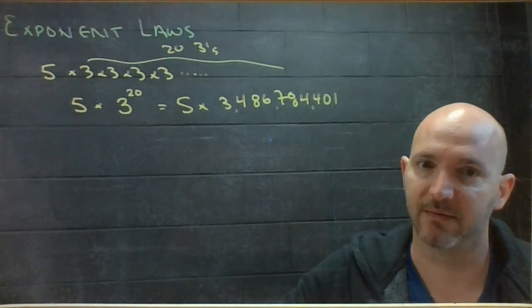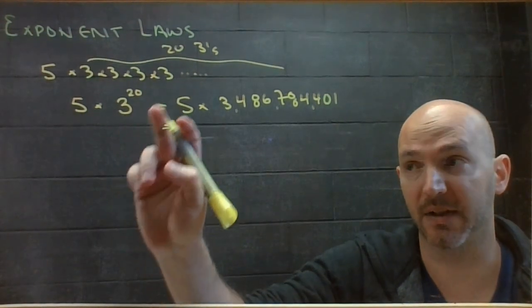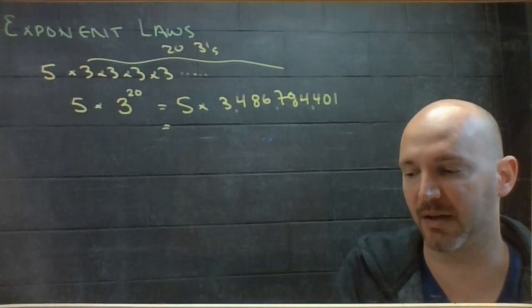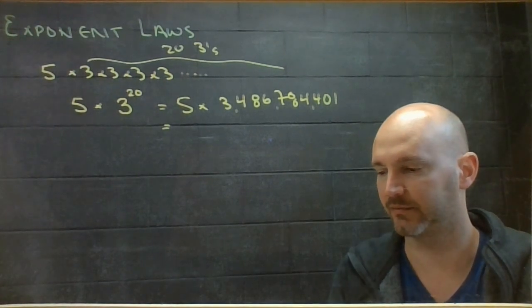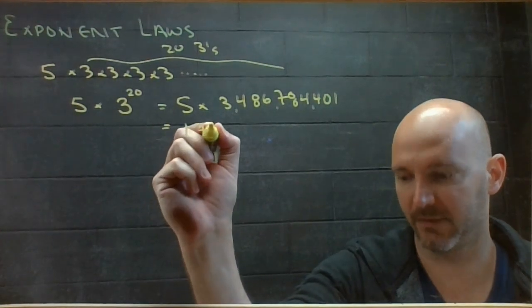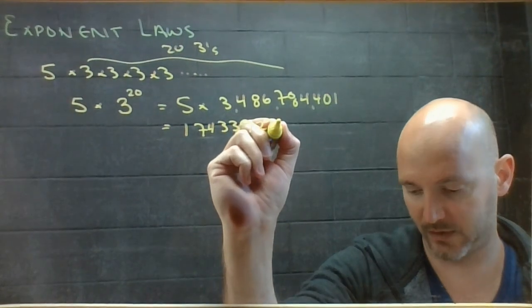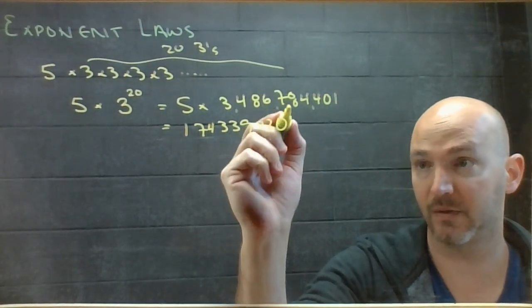I guess I should finish the question here. Because once I've applied the 3 to the 20, I'm free to multiply the rest by 5. Which gives me 17,433,922,005.